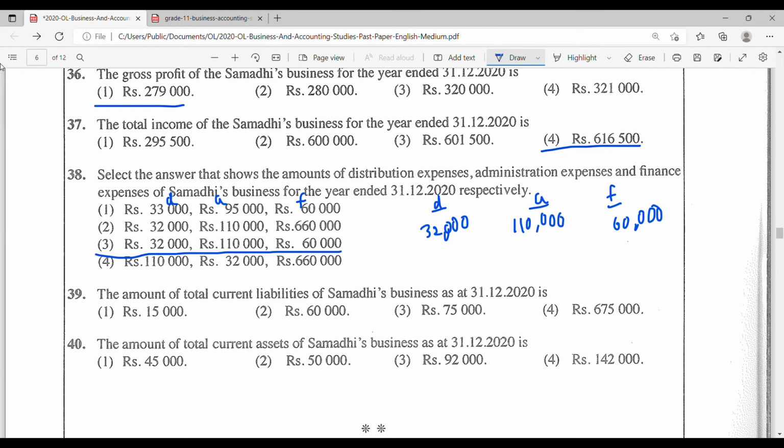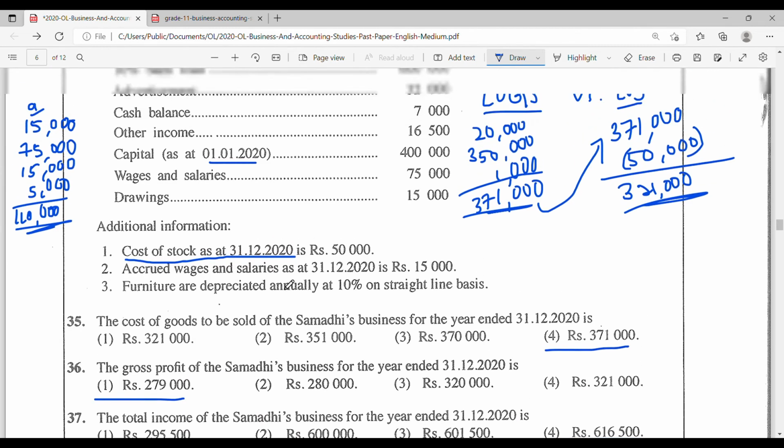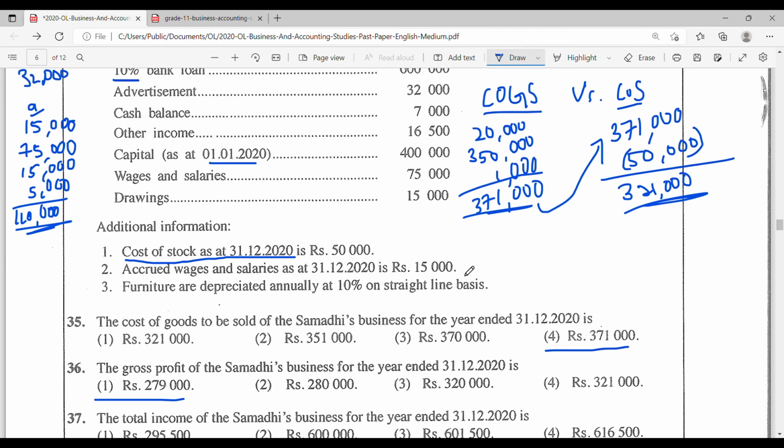The amount of total current liabilities of Samadhi's business as at 31st December 2020 is, now they want to find the total current liabilities. What is this business having to pay in the next 12 months? Now in the additional information, clearly they have given you that they have to pay wages and salaries of 15,000.